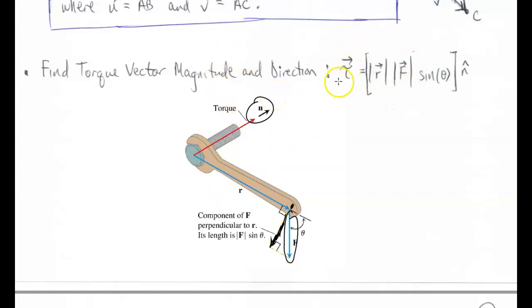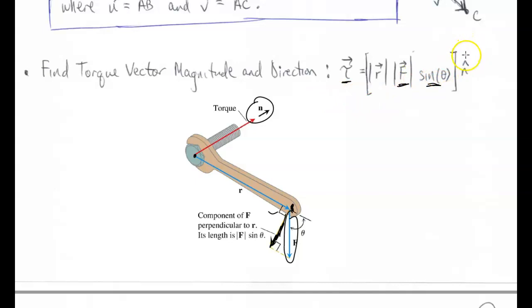Now, as far as the formula, the torque vector is just simply the radius vector, and of course that's just the distance from here to here, and we can look at that radius as a vector since it is a length in a certain direction. Of course, for the force that we apply on the tail end of the wrench here, we can look at the magnitude of that, and of course sine theta, because again, we're trying to capture the rotational effects, and we've already said that sine of some angle being in the mix here would make sense for a cross product.